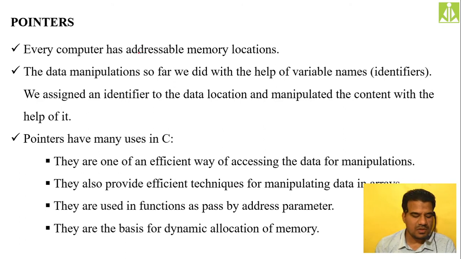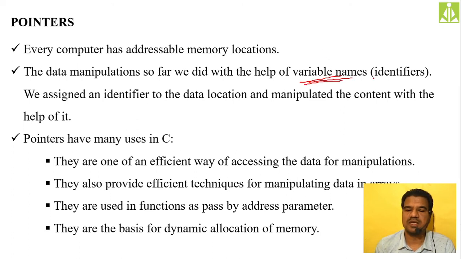Whatever data you required in your computer program, we basically handled that by storing the data inside variables. And how did we identify those variables? With the help of variable names.